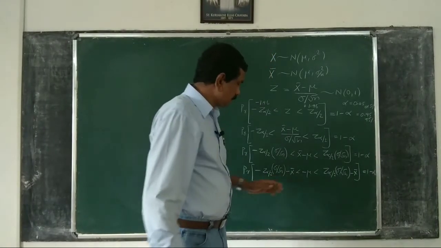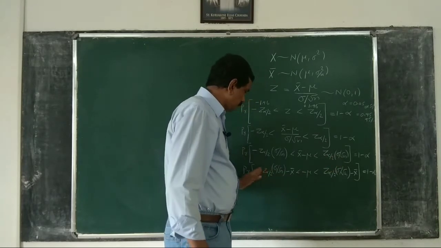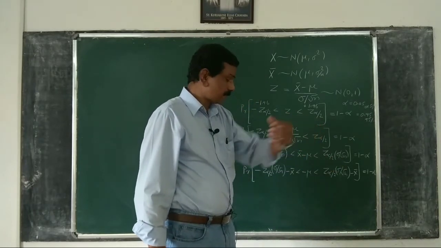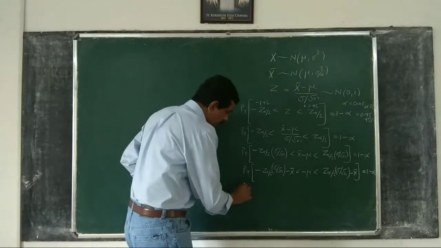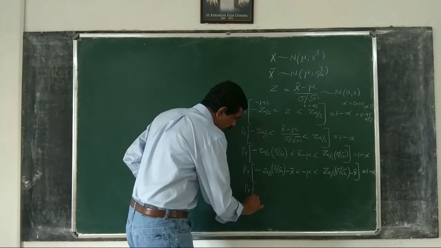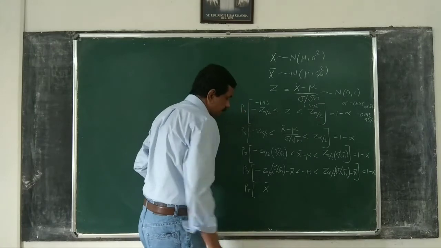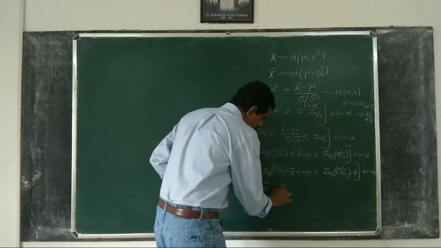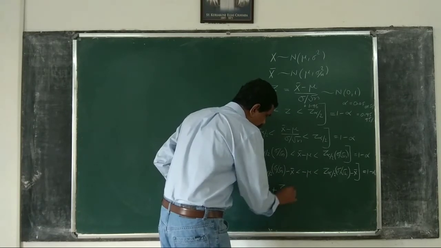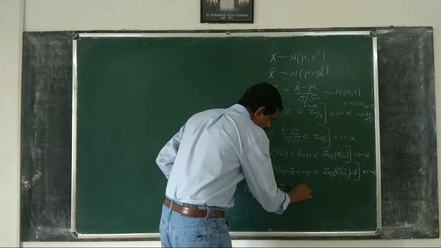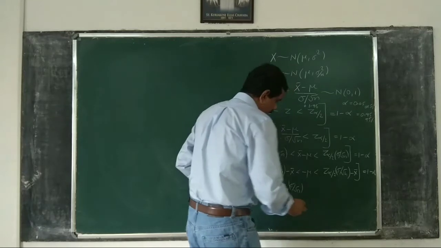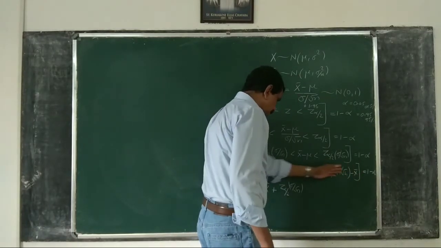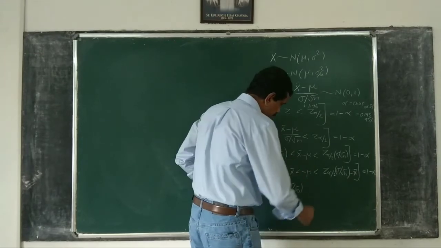Now, assuming that we multiply all the terms with a minus, this becomes probability that x bar plus z alpha by 2 sigma by root n. Then when we multiply throughout with the minus, the inequality reverses.